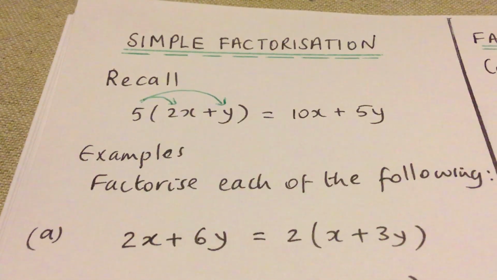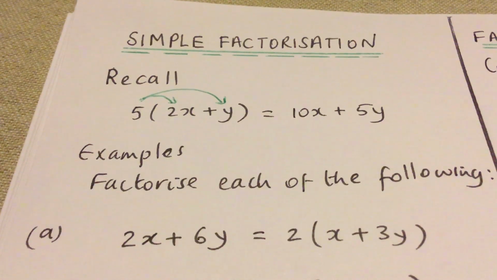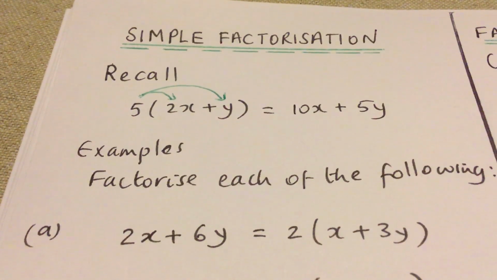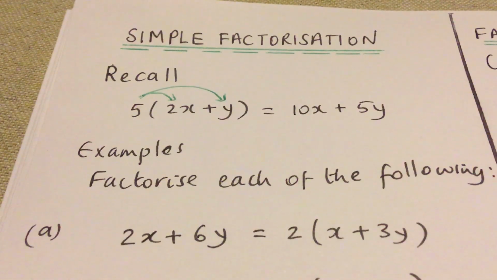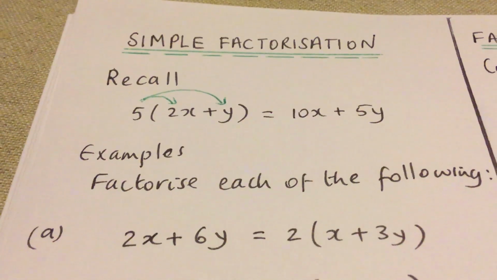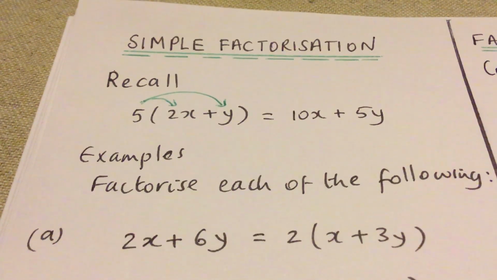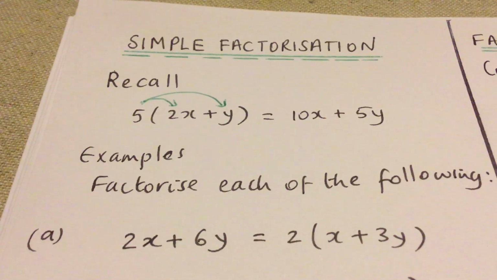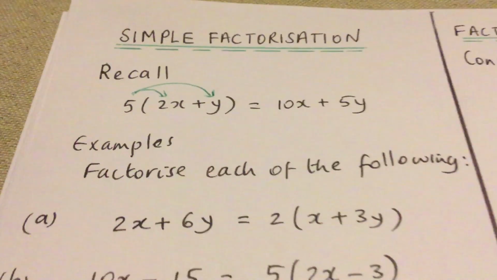That should be x, so you write x inside the bracket. Then you repeat the same question: 2 times what will give me 6y? That's 3y, so that goes in the bracket. Now if you want to check whether you're right or wrong, you just expand your answer and you'll get the question back. So 2 times x is 2x, 2 times 3y is 6y, which means it's correct.